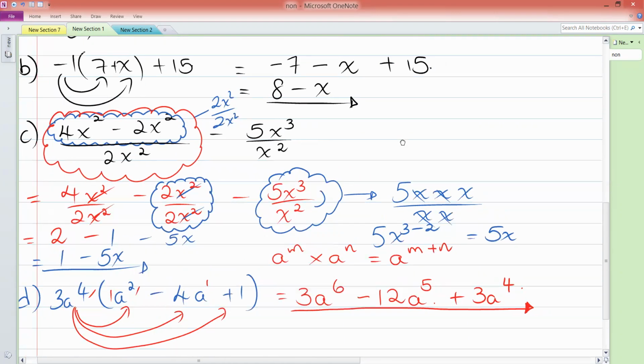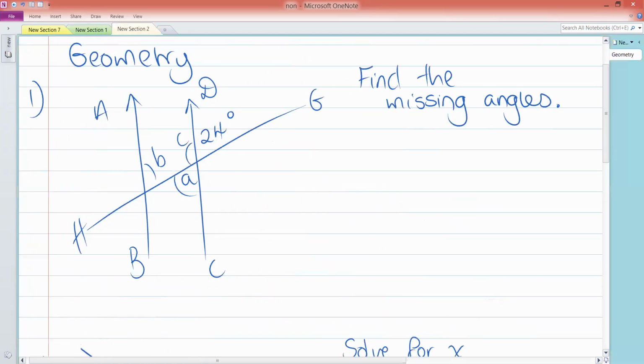Okay, we're now going to go on to geometry. Let's look at this first question here. They want us to find the missing angles. So now we're going to use our FUN angles or FUZZ angles.